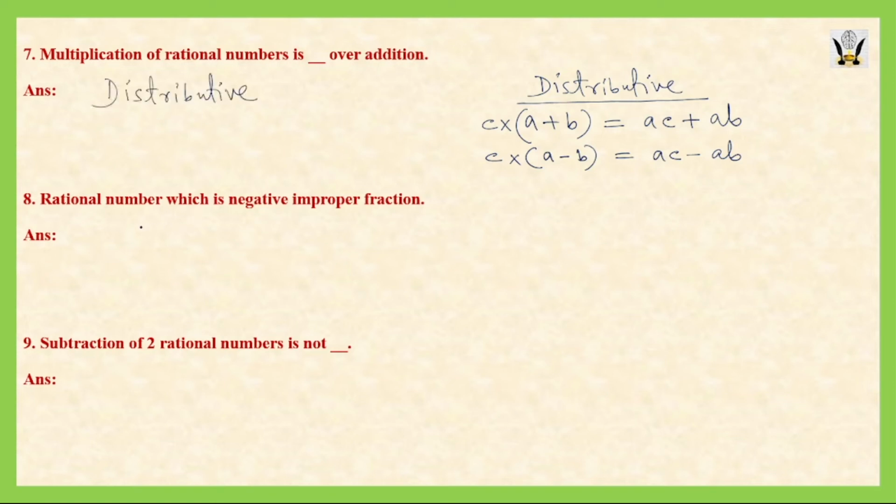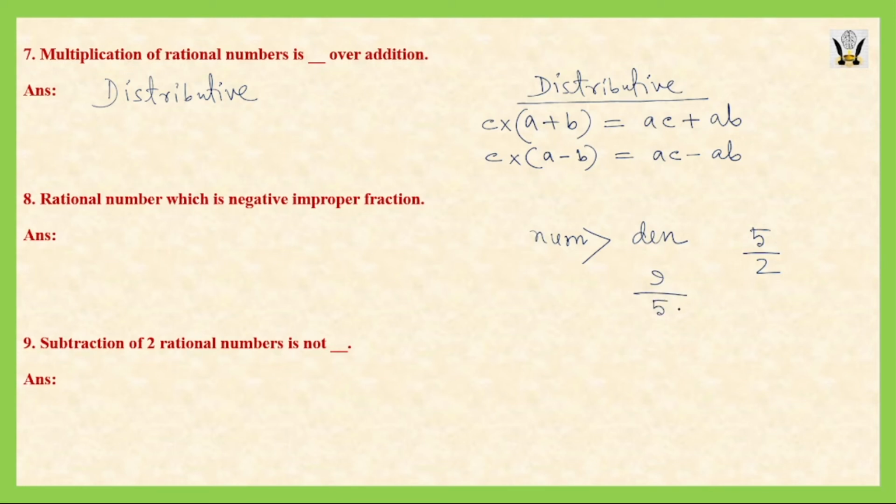Now the next question is: give an example of a rational number which is a negative improper fraction. Now improper fraction, we know, is a fraction where the numerator is greater than the denominator, like 5 divided by 2, or 9 divided by 5.